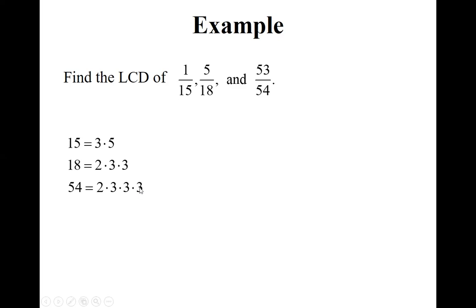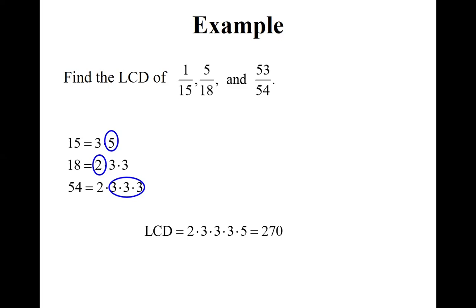The largest is going to be the 3 3's. And for the 5, there's only the single 5. So the single 5, the single 2, and the 3 3's are what make it into the LCD. Multiply all that out, and you get 270. List-wise, you would have to find the first number in common to the multiples list of 15, 18, and 54.